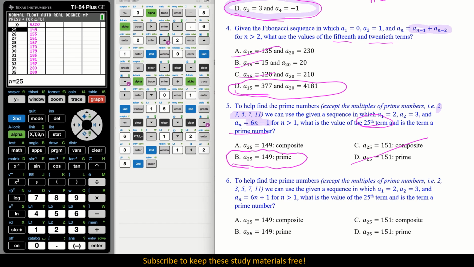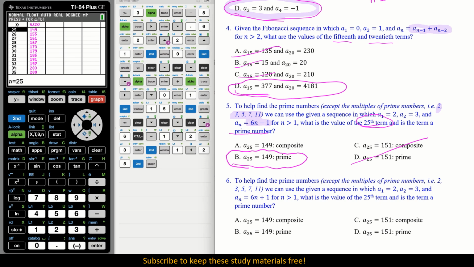But if we use what's given in our problem, we can try dividing it by 2, 3, 5, 7, or 11 and prove to ourselves that it is prime. I've already done that and I'm not going to do it in the video. I'm just telling you it's a way to back out, check it, and then go back in. Actually, we're going to do that with the next one, number 6.